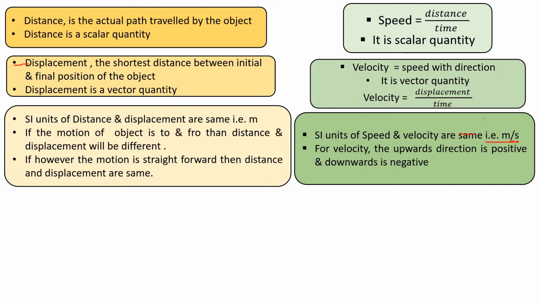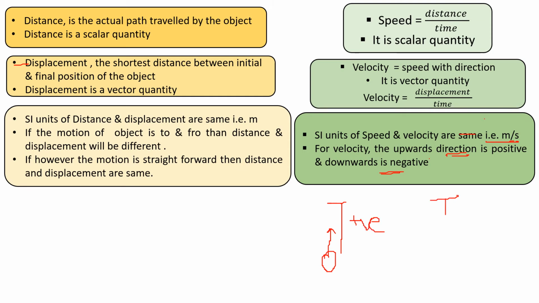Now for velocity, the upward direction is positive and downward direction is negative. Now this you need to understand and remember. This is true or valid for a ball. This example usually they give ball thrown upwards. Now the ball is thrown upwards, so continuously its displacement is increasing, right? So in that case velocity will be positive.